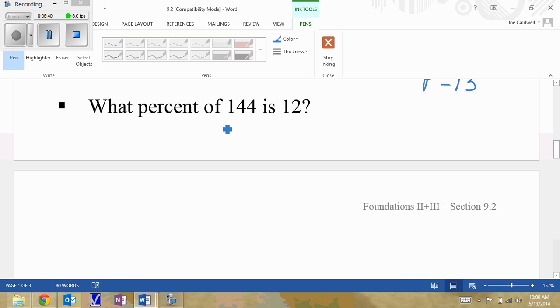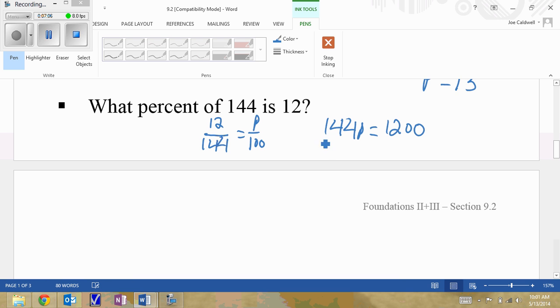So you're going to be trying to find the part over the whole equals P over 100, and doing some cross multiplying there, we would have 144P equals 1200.